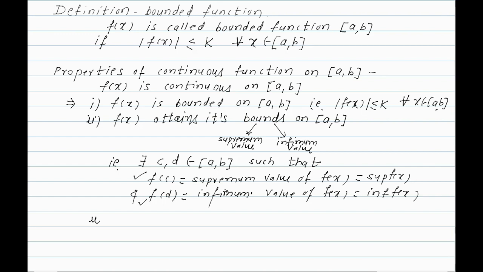One more property of continuous function. If f of x is continuous on closed interval a comma b, then f of x takes every value between f of a and f of b.